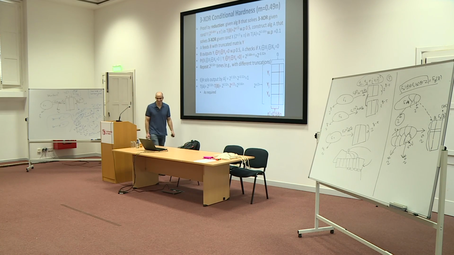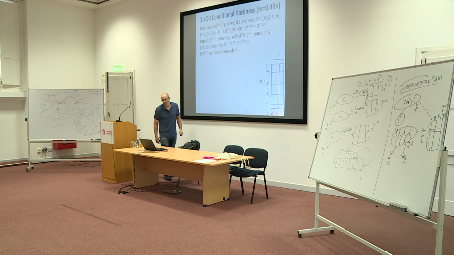And we actually need to compute the success probability here. I said that the expected number of solutions output by A is 1, and that's correct. But it doesn't mean that the success probability of the algorithm to find the k-XOR solution is a constant. That's not the same thing, and that's crucial here.